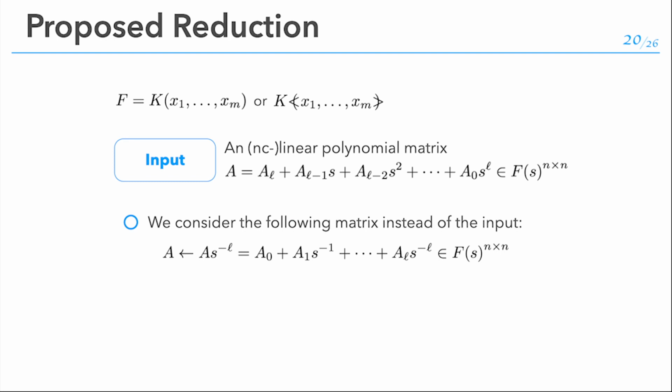And we are given a commutative or non-commutative linear polynomial matrix A. And we consider the following matrix instead of the input. We multiply s to the minus L, then we obtain a polynomial matrix in s inverse.